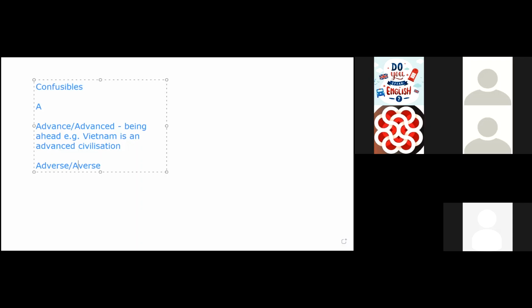For example, I'm averse to eating tomatoes. That's how you use it in the sentence. So adverse means something that's bad or harmful. Averse means something that you don't like, such as I'm averse to eating tomatoes. I don't like eating tomatoes. Any questions, by the way, with any of those word pairs so far?